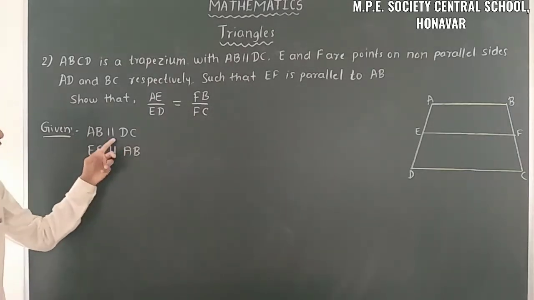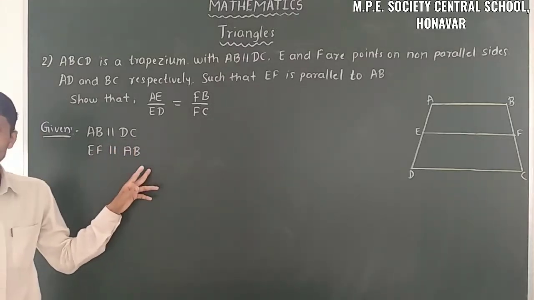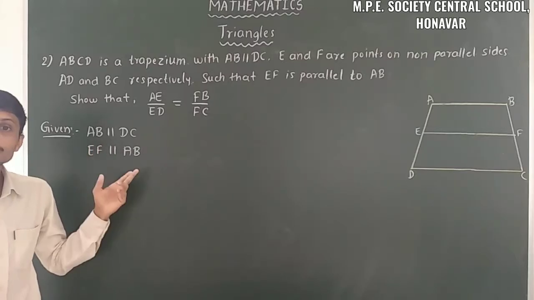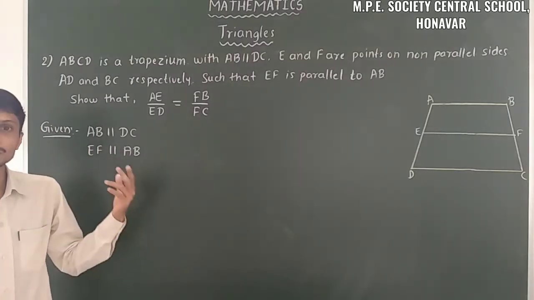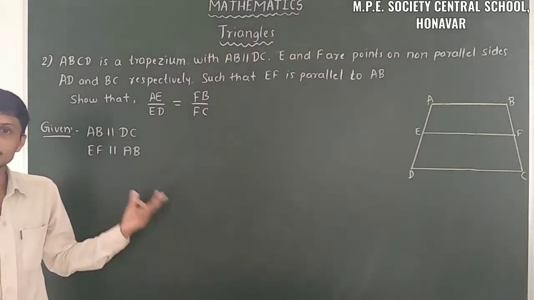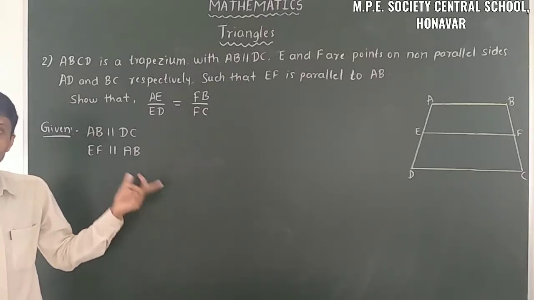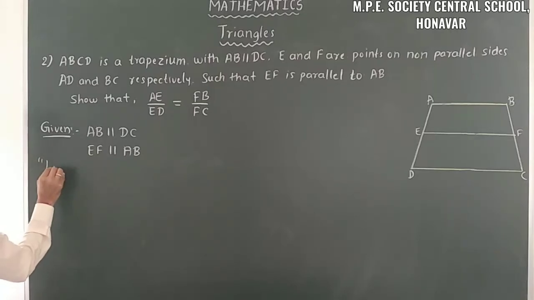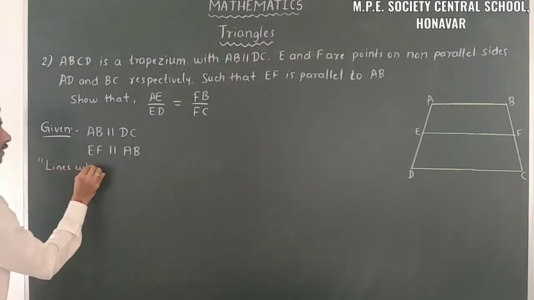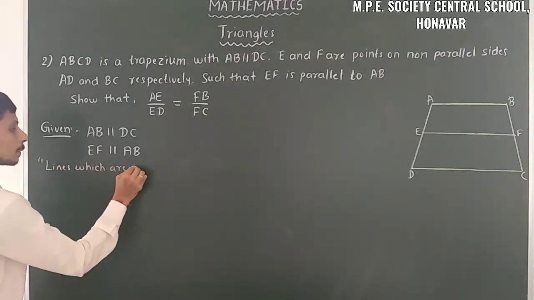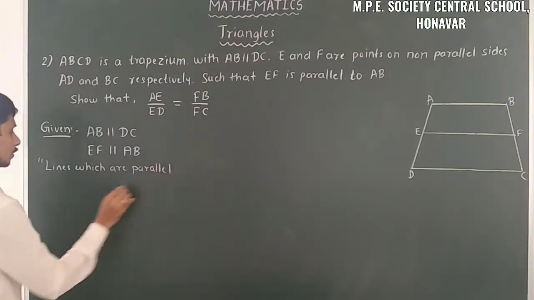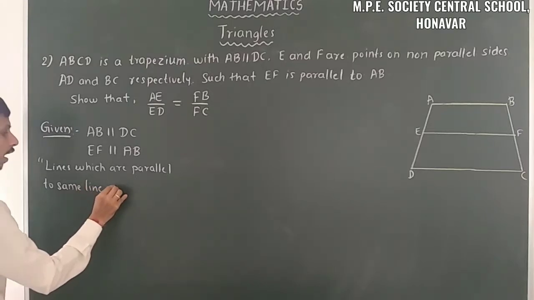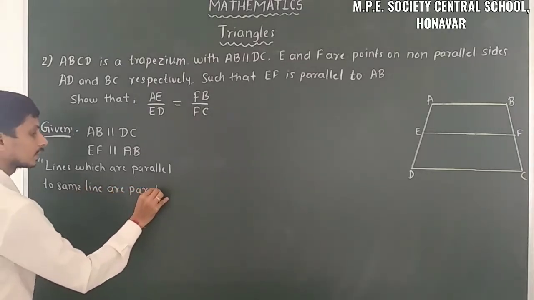Here just observe, AB is parallel to DC and EF is parallel to AB, so we can take EF is parallel to DC. That means, things which are equal to the same thing are equal to each other. Also, lines which are parallel to the same line are parallel to each other.